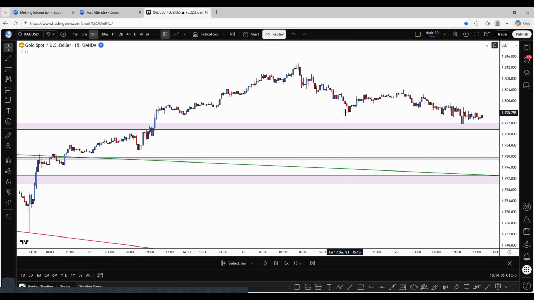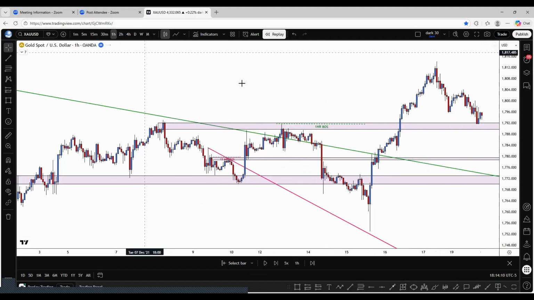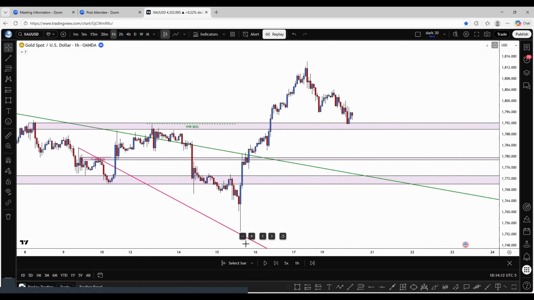All right, let's see. It's respecting that zone. Come on back. It's respecting that zone, y'all.